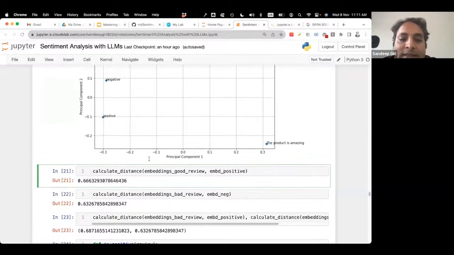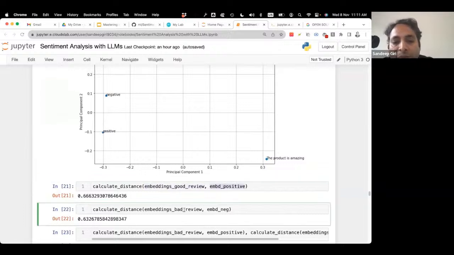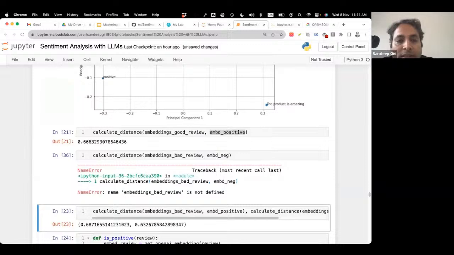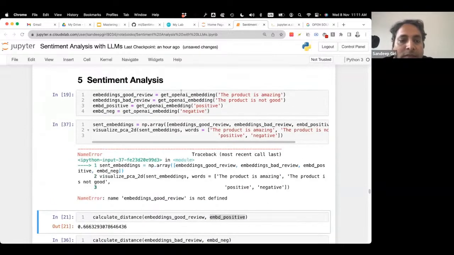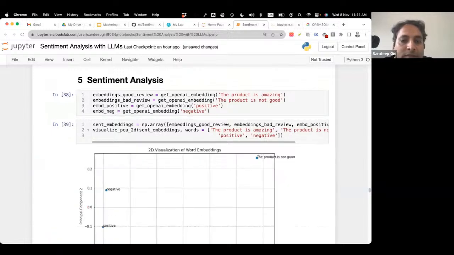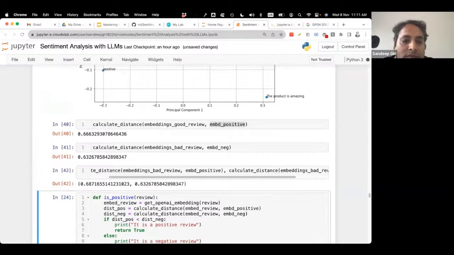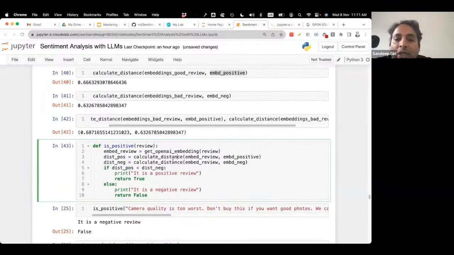Let's calculate the distance between the good review and positive and this one. Okay, where did we define these? This one. All right. Now we can have this thing as logic in the code. Okay. So first, whatever is the review, we will get its embedding.